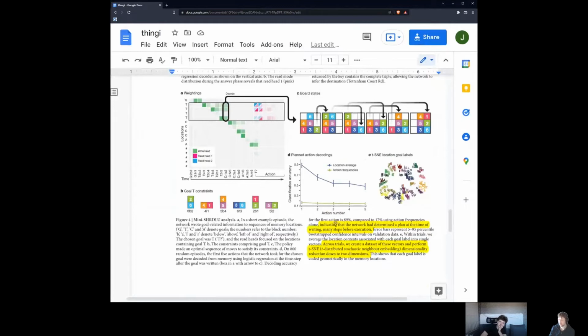Decoding accuracy for the first action is 89% compared to 70% using action frequencies alone, indicating that the network has determined a plan at the time of writing, many steps before the execution. Error bars represent 5 to 95 percentile bootstrapped confidence intervals on validation data.